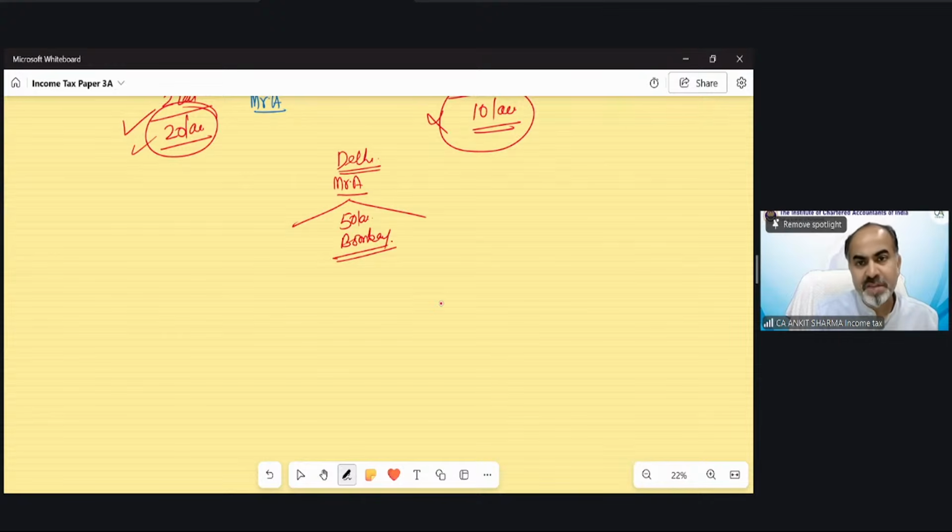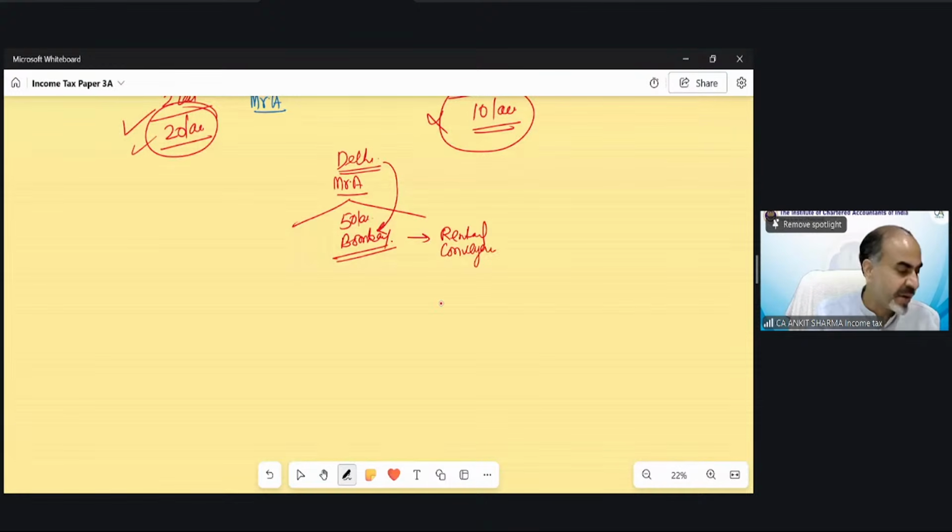Now, because he will be moving from Delhi to Bombay, I will ask him, okay, let's make an approximate estimate of the expenditure you need to incur in Bombay. He said, I have to pay rent, I have to take a house over there. There would be expenditure on conveyance, some daily expenses.